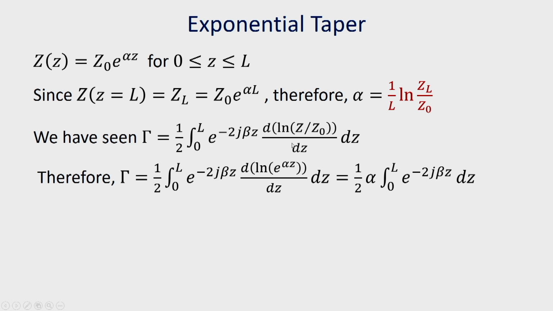So, this Z naught and this Z naught will get cancelled, we will be left with log of e to the power alpha z, and log of e to the power alpha z will give alpha z. When differentiated, we will be left with alpha, and integration of 0 to capital L e to the power minus 2 j beta z dz.